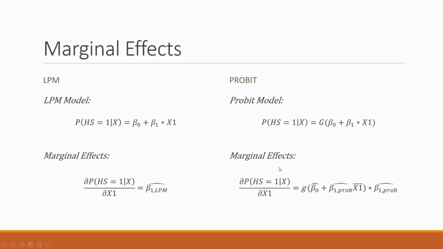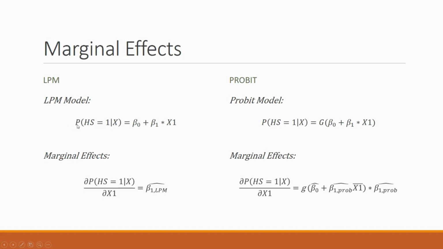Now, let me compare these. So this is very important to compare. All right, so this marginal effect is always what we want. We always want to know how the probability changes given a unit change in our independent variables. Now, if we use a linear probability model, so that means we have a binary dependent variable, and we're using ordinary least squares.